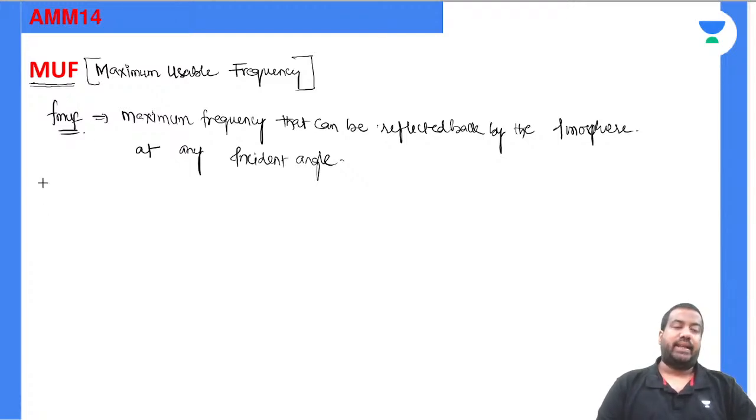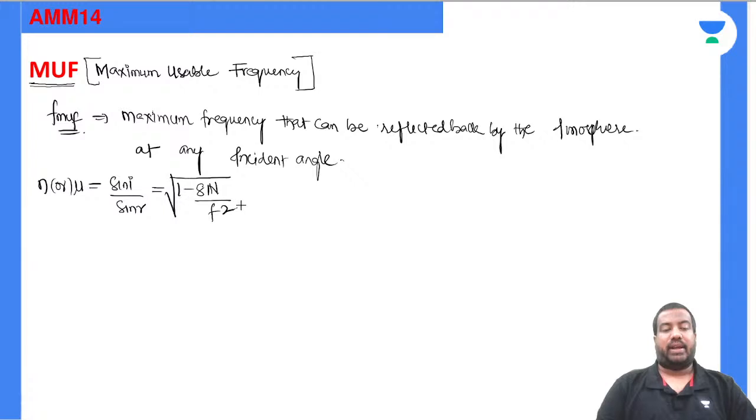How to calculate this? n or mu is equal to sin i by sin r, equal to under root of 1 minus 81 n by f square.